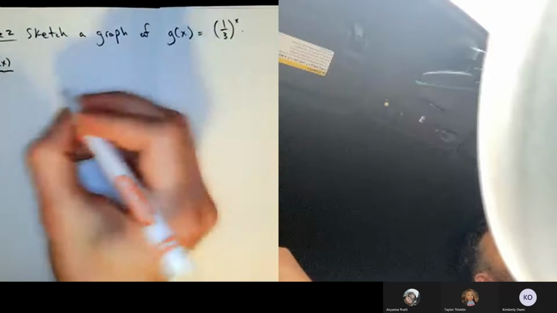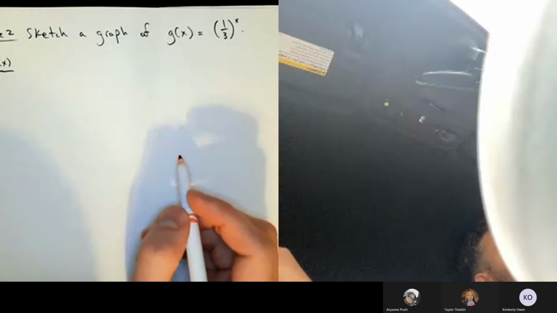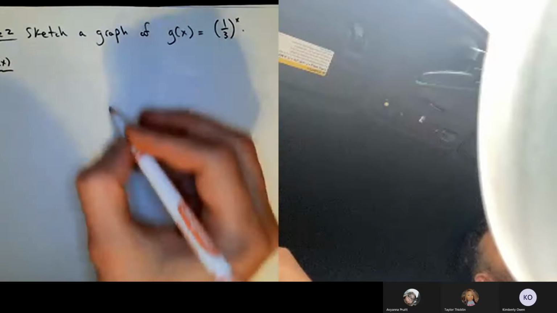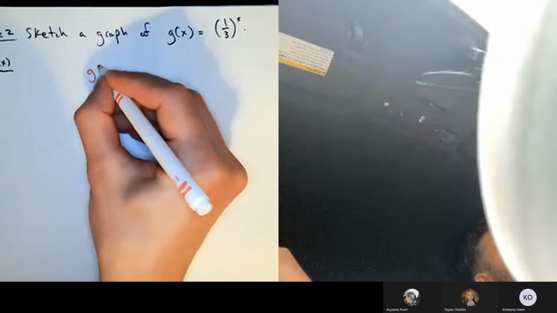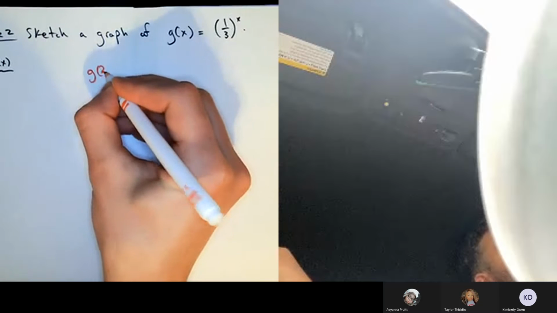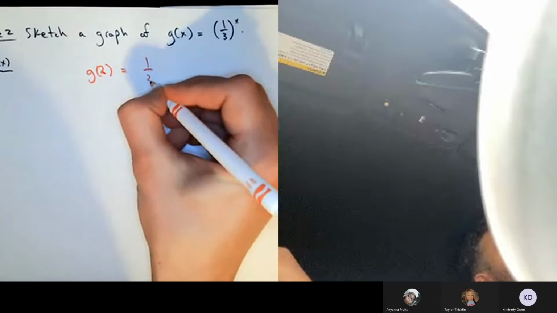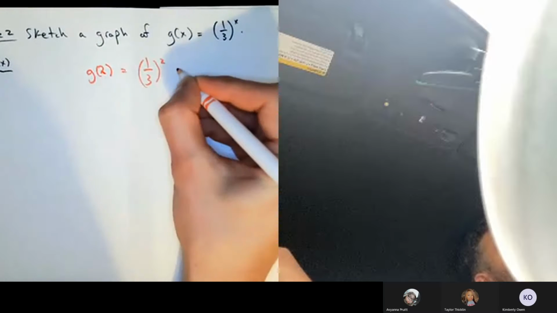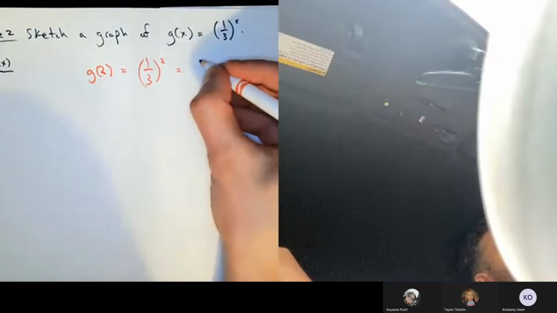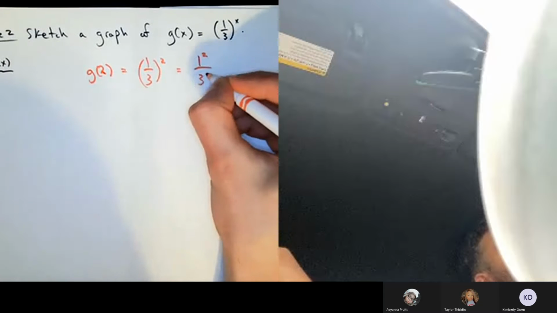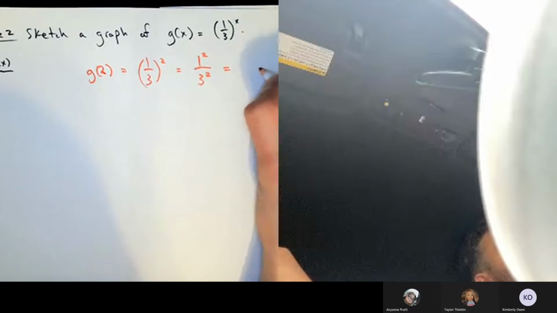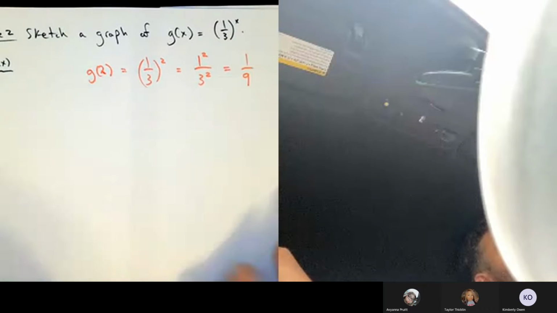G of x equals, okay, so we'll start with the positive value again. So g of 2 is equal to 1 over 3 raised to the 2, which is the same as 1 squared over 3 squared, which is the same as 1 over 9.